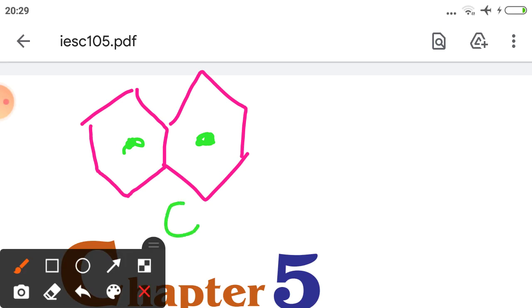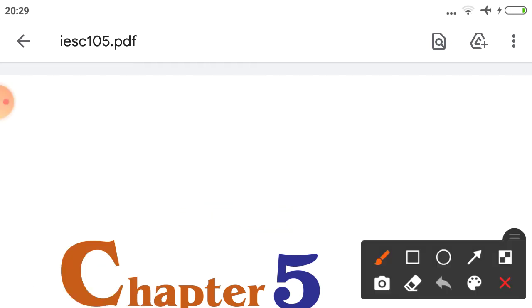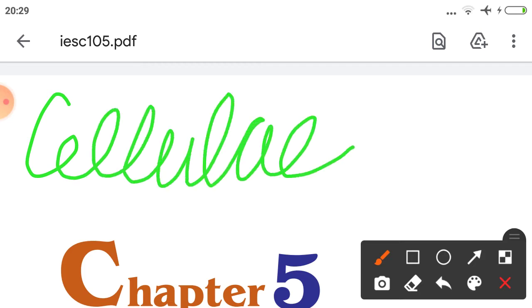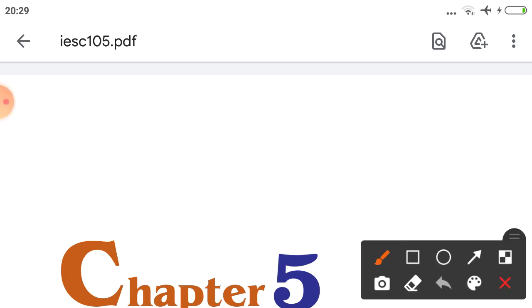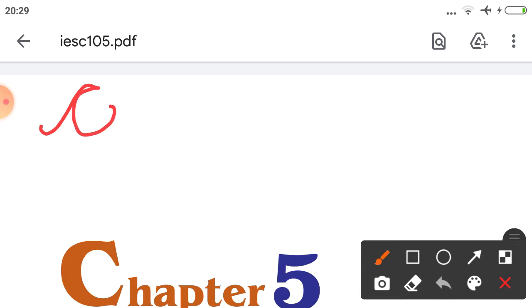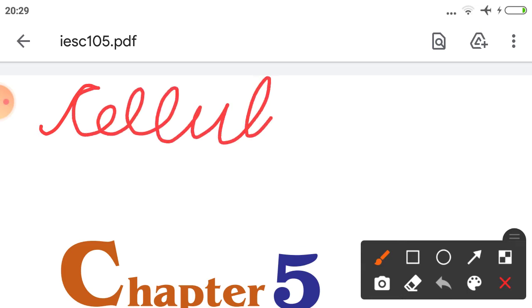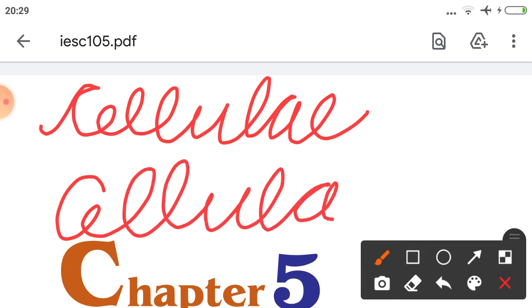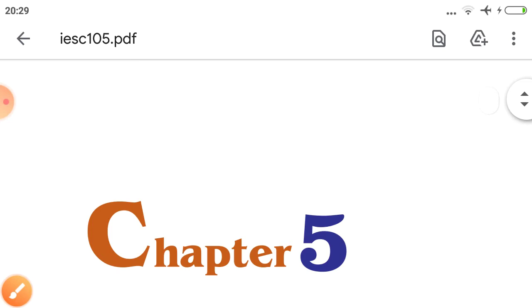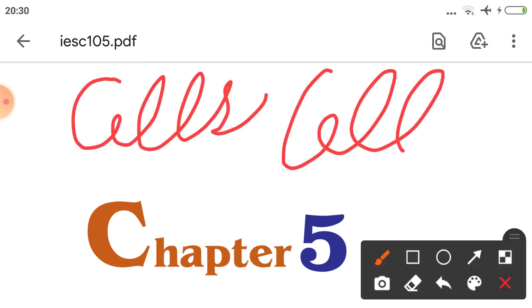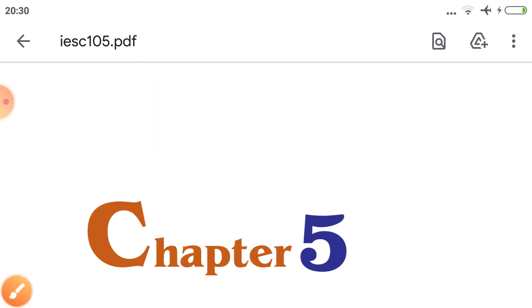He called these structures celluli. This is not given in NCERT, but he called them celluli for the plural and cellula for the singular. But later on we call them cells for the plural and cell for the singular, which means little room.